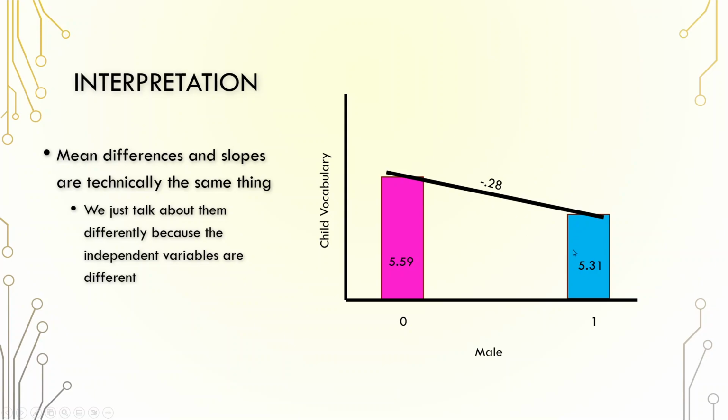Technically it is the same thing, but we're thinking about this differently. If this was a continuous or an ordinal variable, we would potentially have people who were on a scale in between 0 and 1. But with these discrete groups, with a nominal variable, these dots representing different participants, people are only in one group. We don't have anybody in the middle on this male variable.